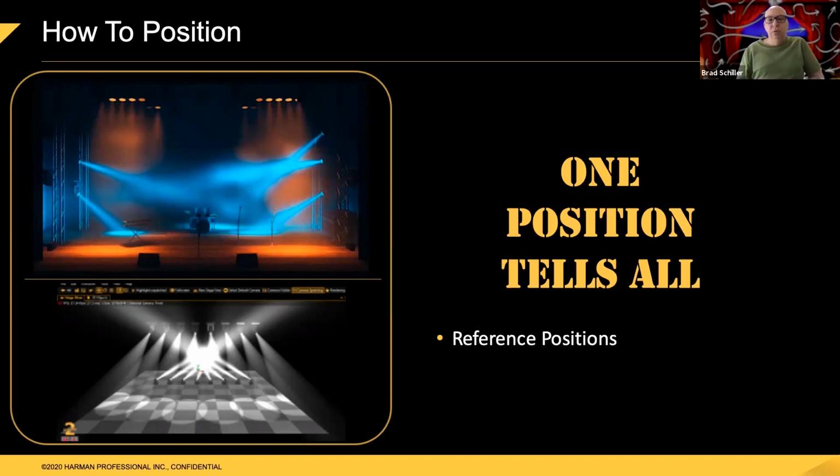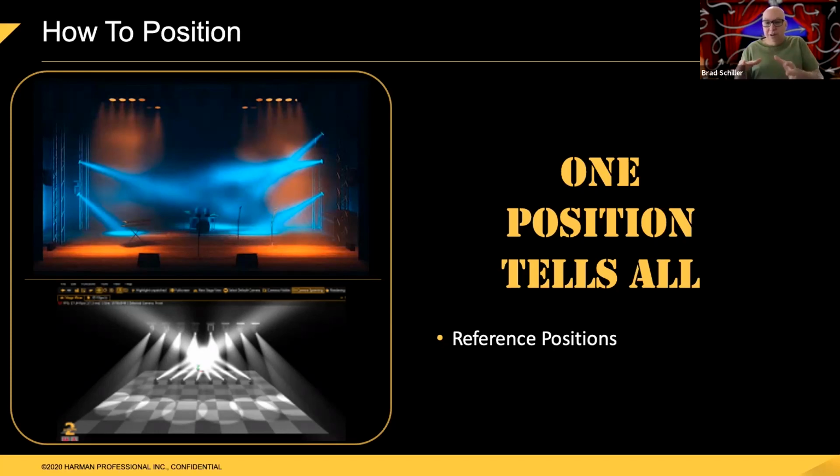This is especially true with floor type fixtures. They get kicked, they get positioned slightly angled differently than perfectly straight out to the stage. Sometimes it's easier to have a reference position, as you see on the bottom there, where you know all your lights are pointing to something.